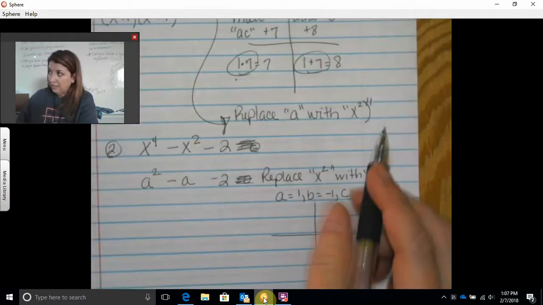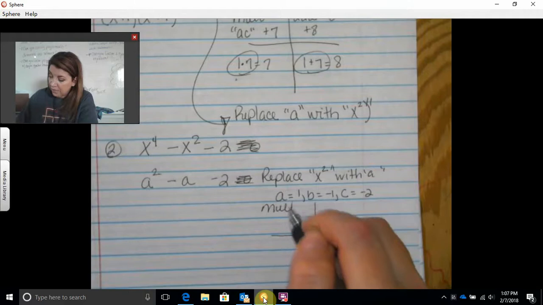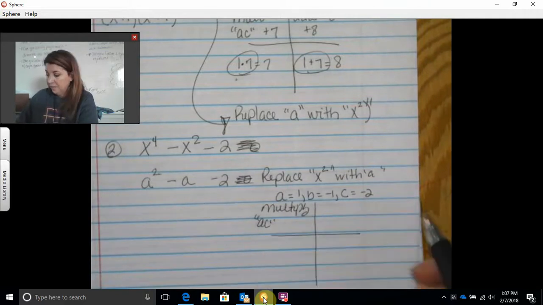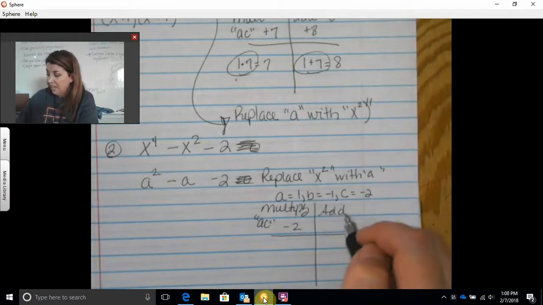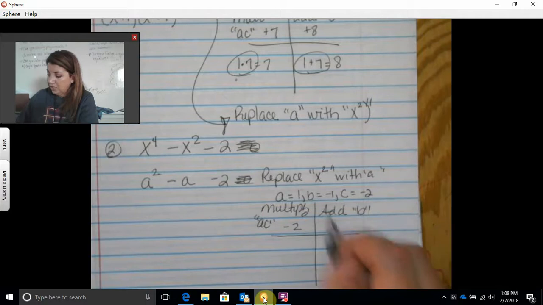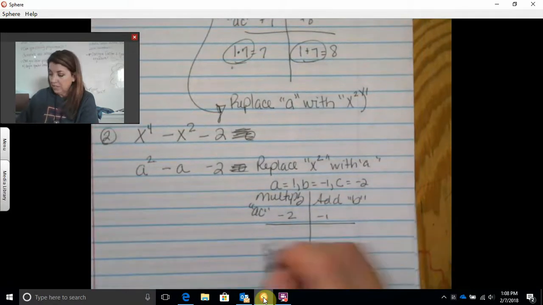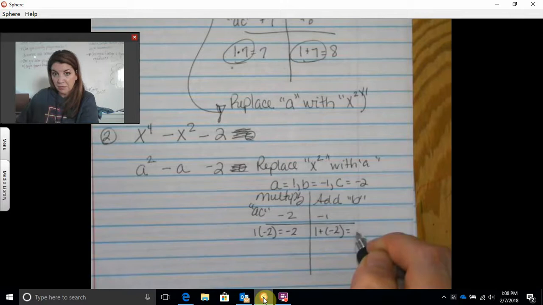I need 2 numbers that multiply together to get A times C, and 1 times -2 is -2, and add to get B, which is -1. Positive 1 times negative 2 is negative 2. What is 1 plus negative 2? Negative 1.